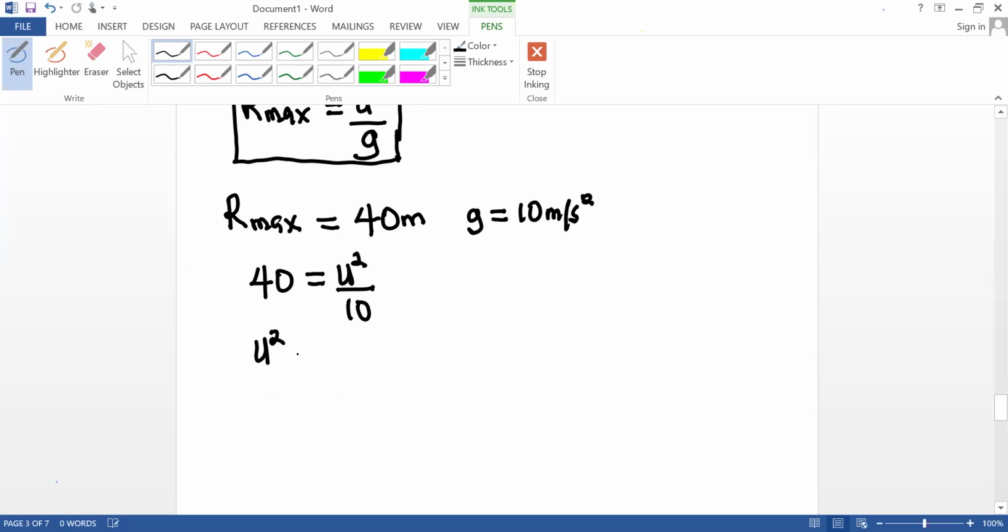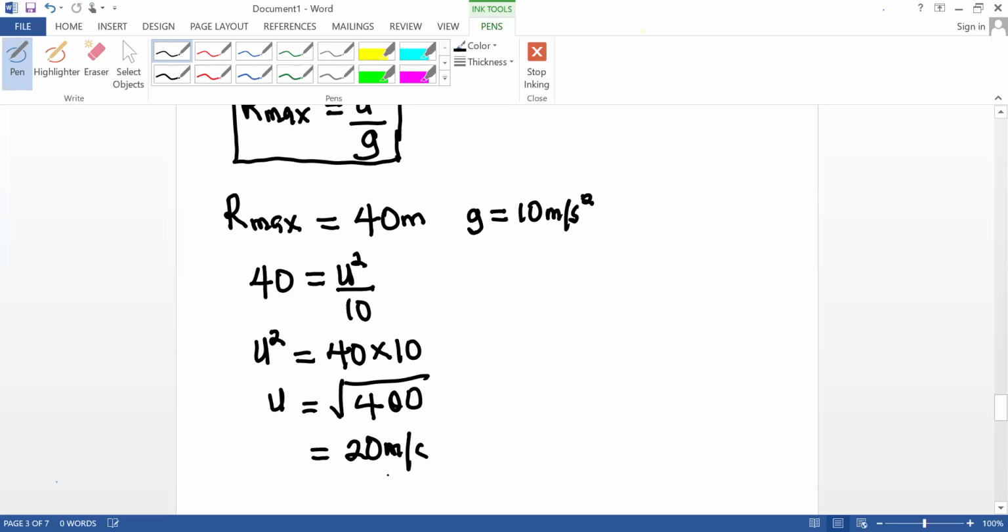U squared is therefore 40 times 10, so U is equal to the square root of 400, which is 20 meters per second. So that's the velocity of projection. Please mark yourselves if you got that right.